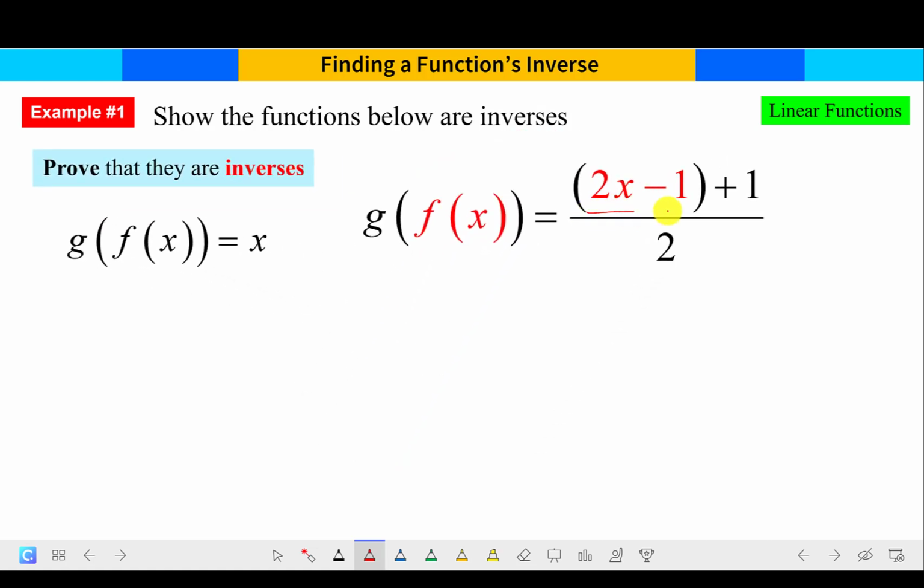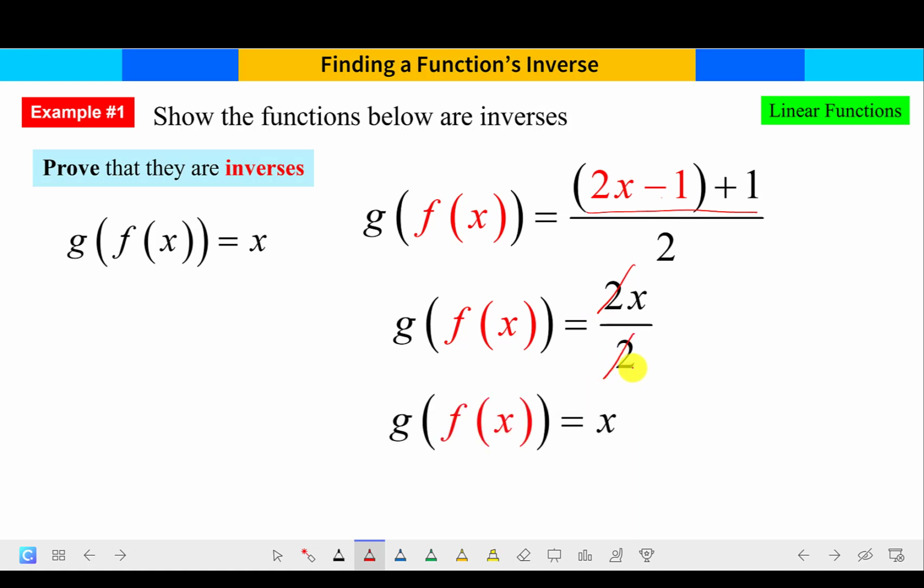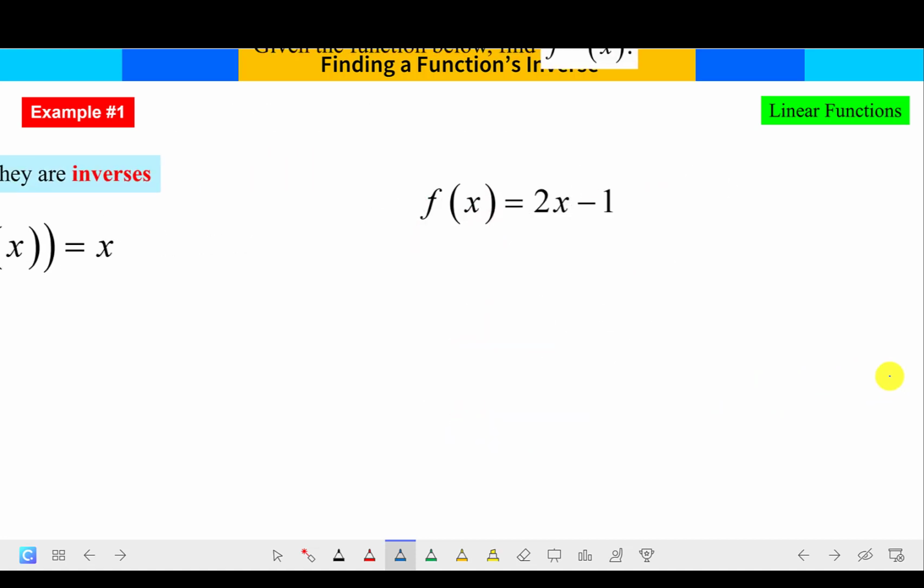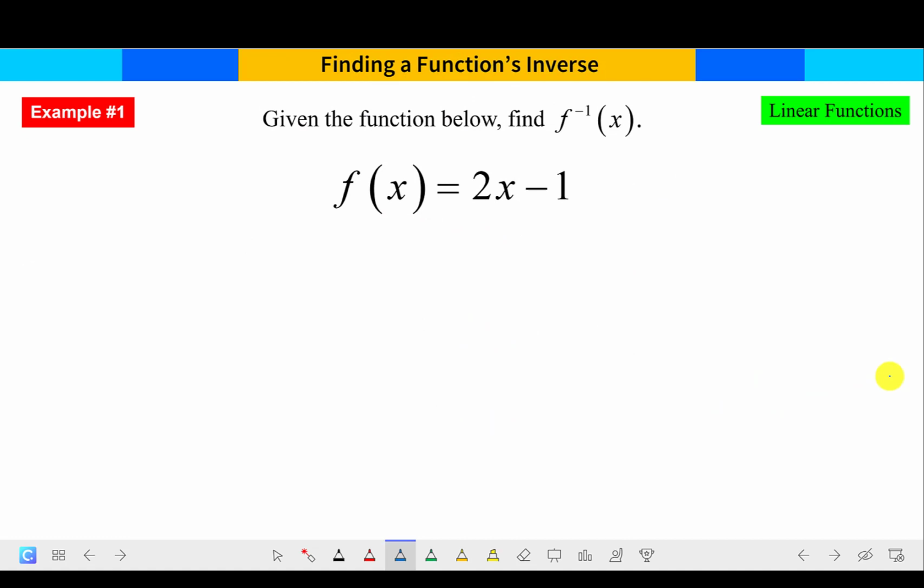The negative ones cancel, and of course the 2's cancel, and we got exactly what we wanted to prove. It would work the same way, and please do so yourself, if I plugged g into f. It'll give us the same thing. That's the whole characteristic of an inverse.